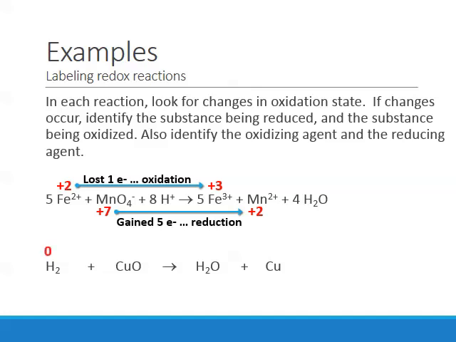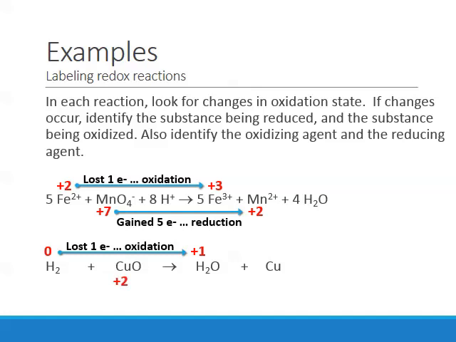So hydrogen begins with a 0. It's the element hydrogen. And on the right, +1 is part of the compound water. So hydrogen, there's been a change. It's lost 1 electron. It's been an oxidation process. Hydrogen is being oxidized.